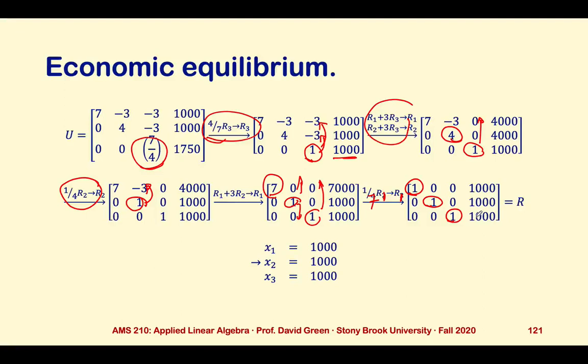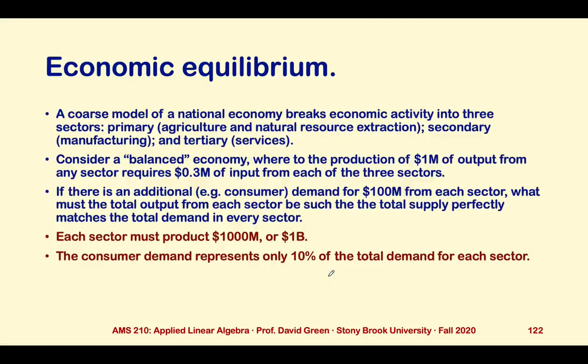It's not surprising, because the system was set up to be perfectly balanced. We told you everything was equal, each sector was treated exactly equally. It would be very surprising if we did not end up with the same numbers out of this. This is our mathematical solution. The last step is to phrase this back in the language of the original problem.